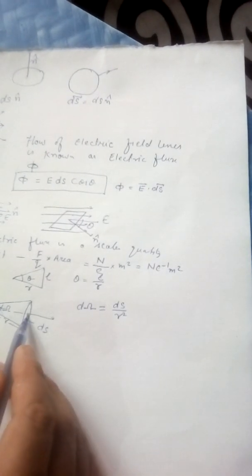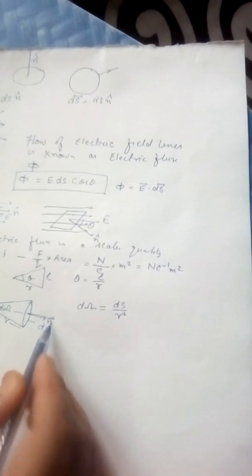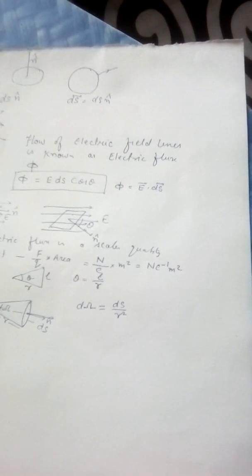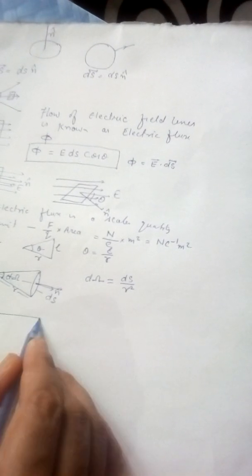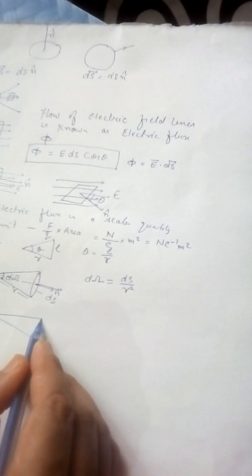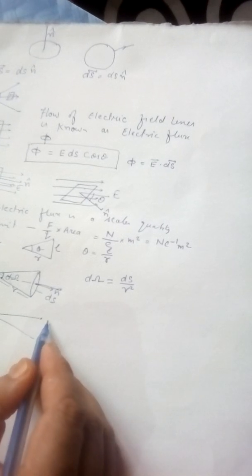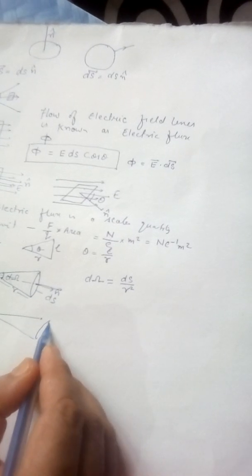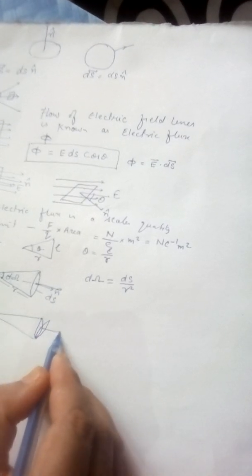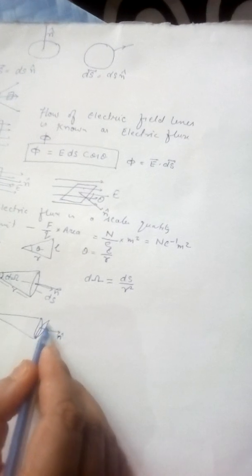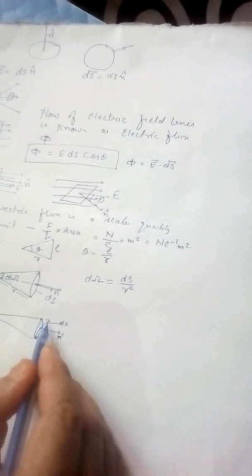When the ds and the normal both are in the same direction. But if the area element is making some angle with the normal, then this same angle can be written as, suppose this is the surface area, and this is the normal direction, and this surface area is ds.